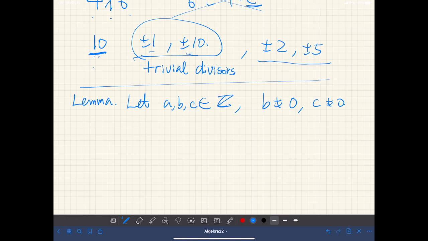Then if b divides a, and c divides b, then c divides a.